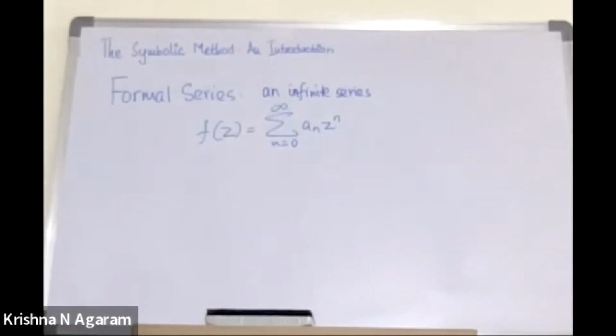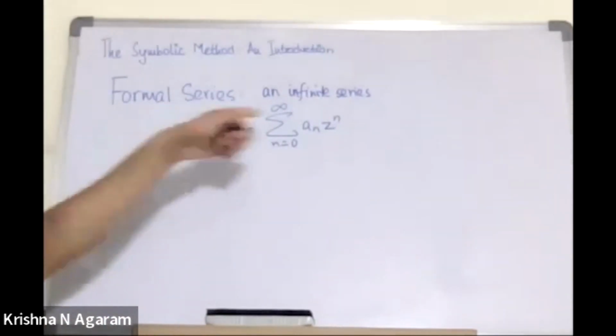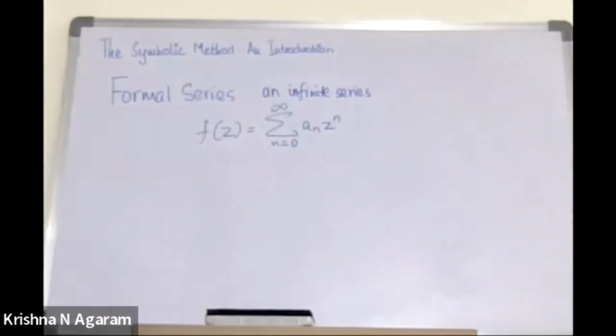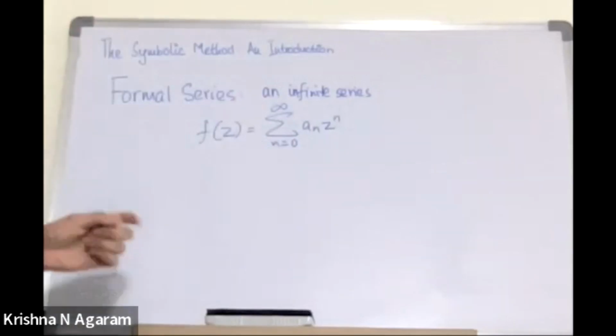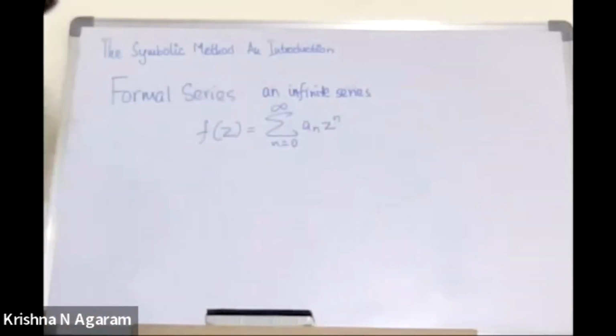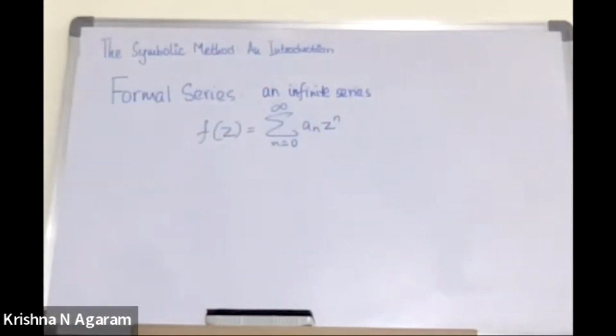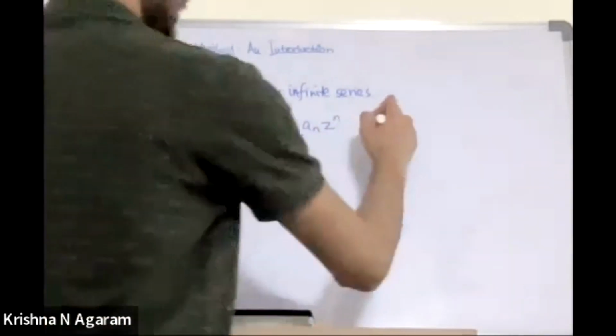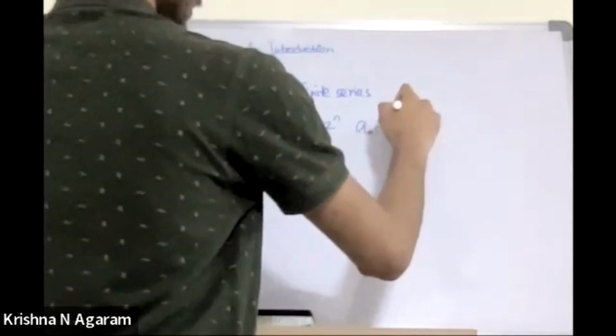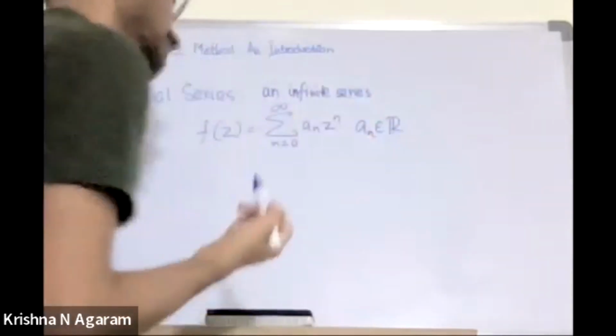The thing to note is that z is not to be thought of as a variable, in the sense that it's not like you could put half and look at whether this series actually has a value or not. It's not about that. So here the an are real or complex, whatever you'd like.